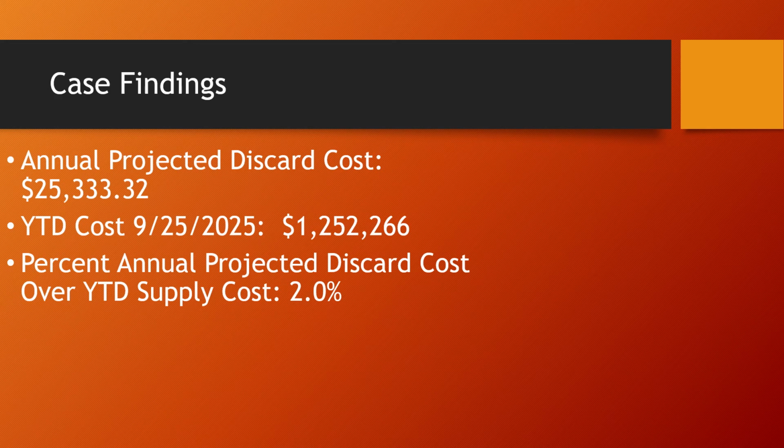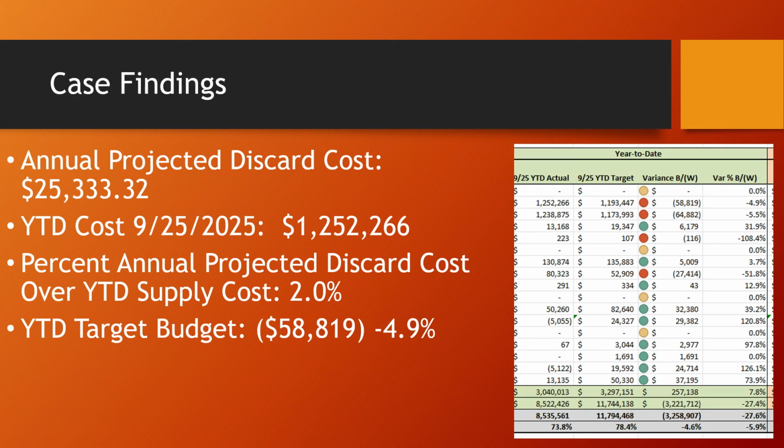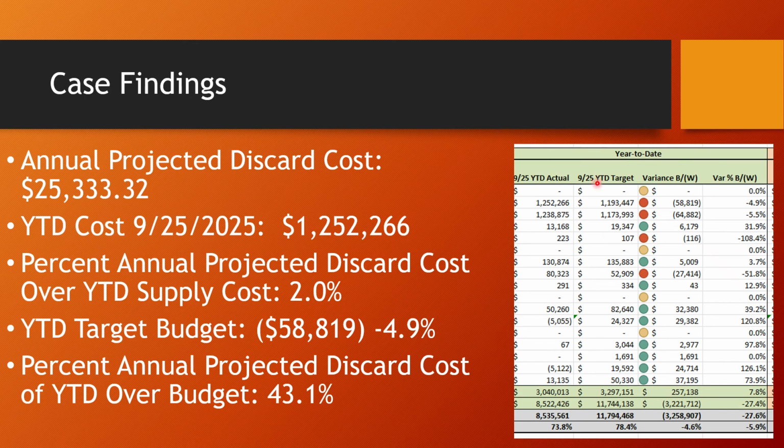The year-to-date actual supply cost was 4.9% over that target supply cost, with the discard cost being around 43% of that actual 4.9%. So what that means is that we're over $58,000 in our target budget essentially for year to date.